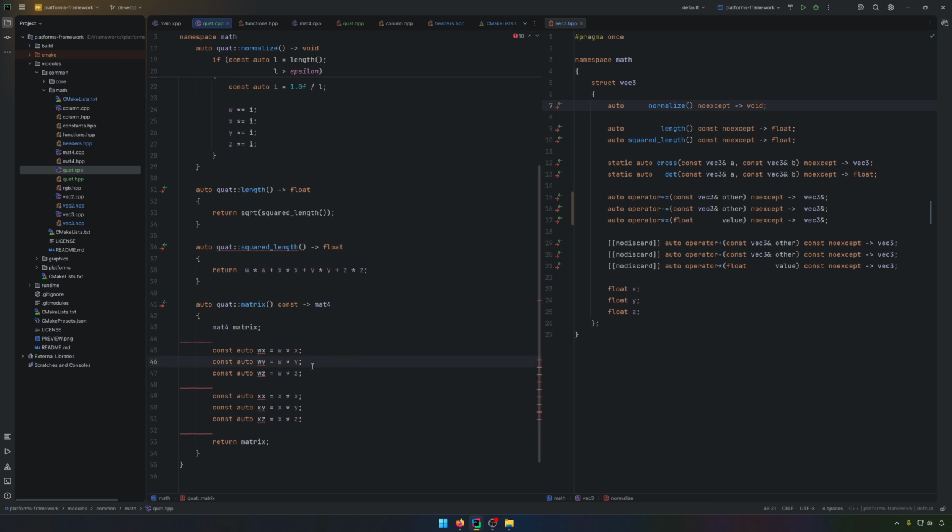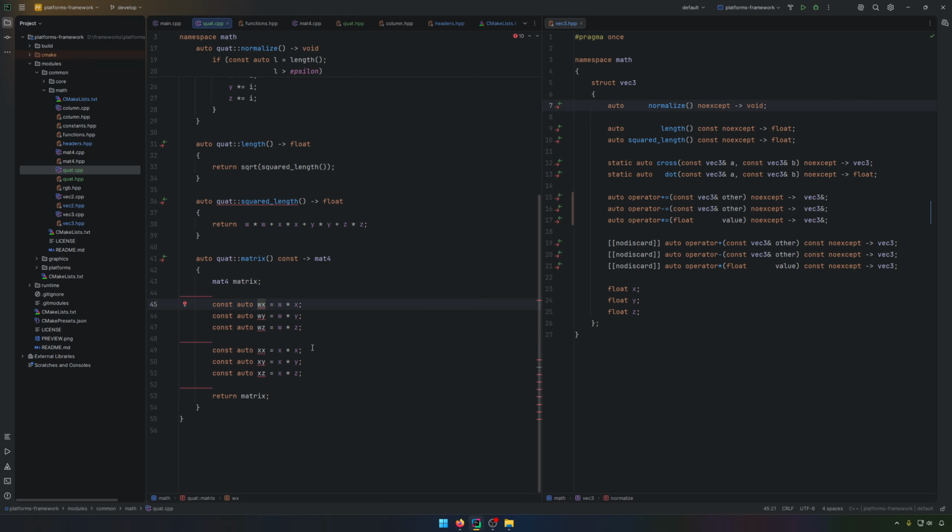Why are we doing this upfront? Because we will use these multiplications many times for each element of the matrix. So it's like a cache system. You can think of it as pre-computing these values so we're good to go afterwards. We don't need to do this every time.